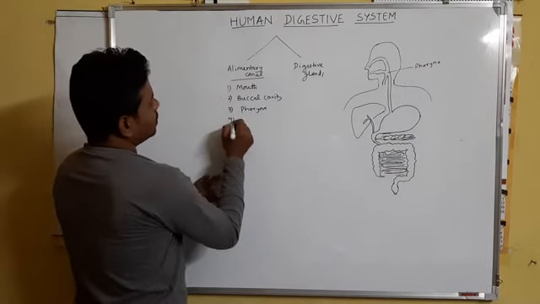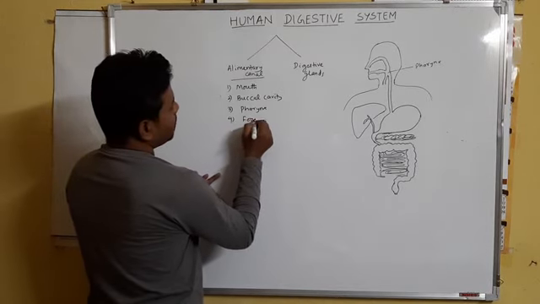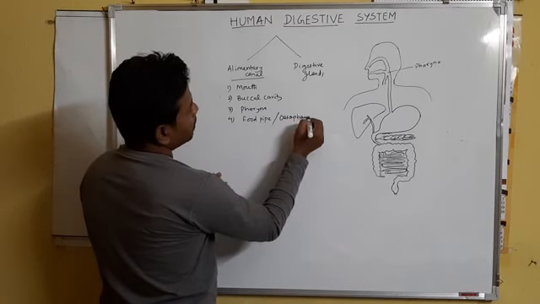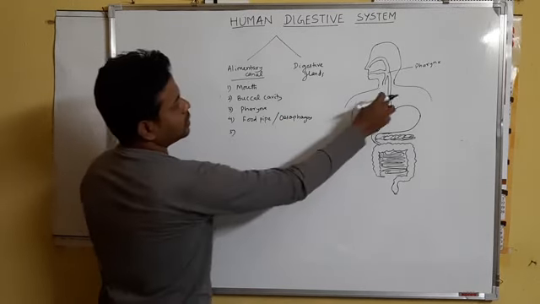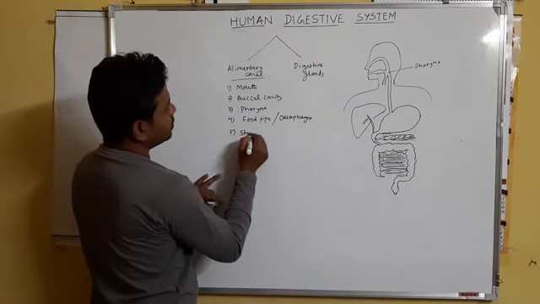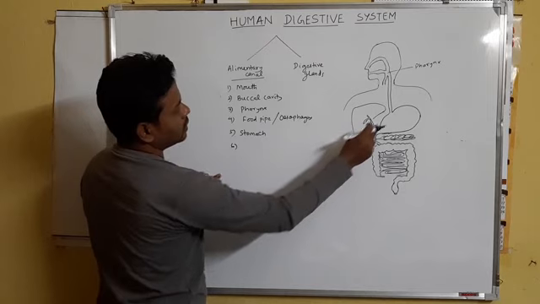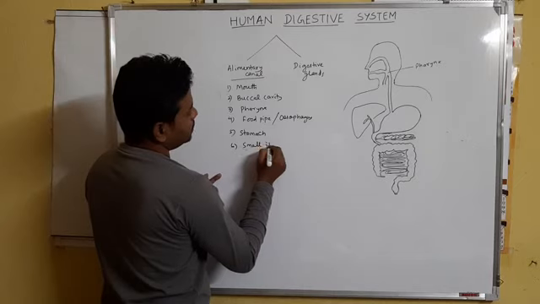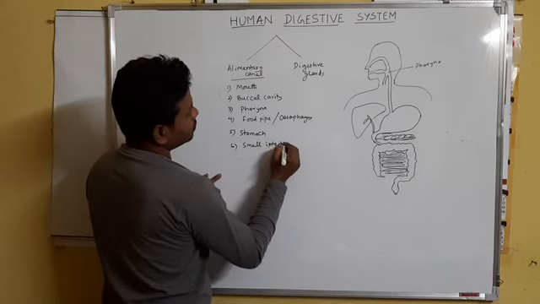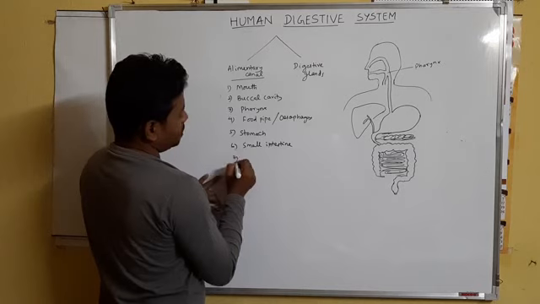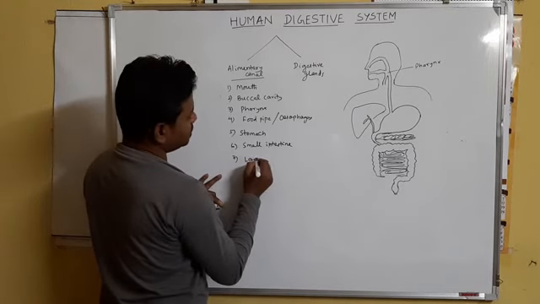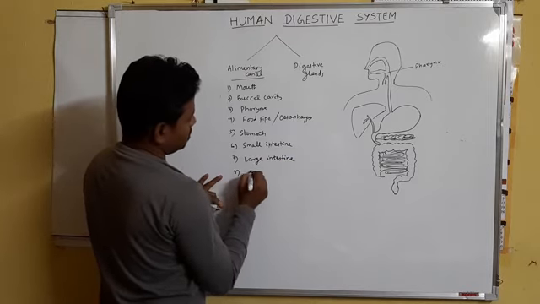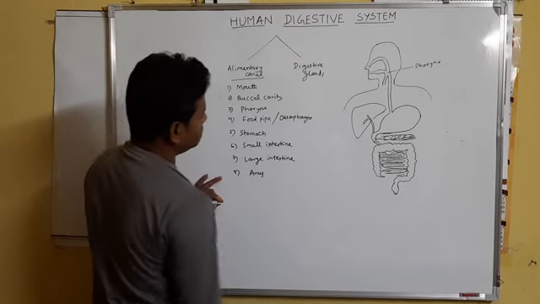Then that is food pipe, which is also known as oesophagus. Number 5, this is the stomach. After stomach, small intestine is there. Then after small intestine, this is large intestine. Then the last part is called anus.